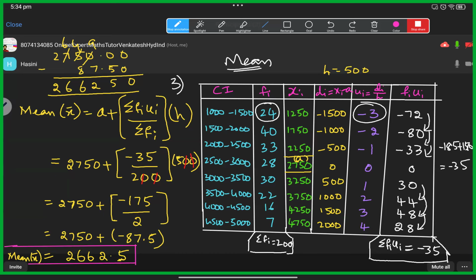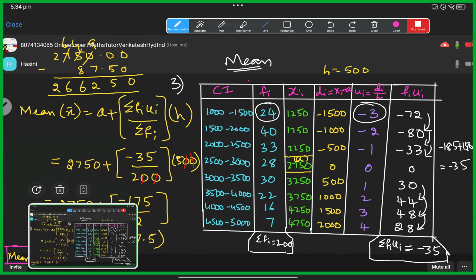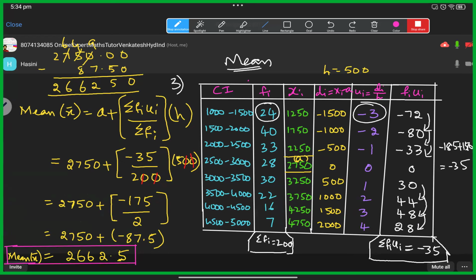Unless they round it to the second or third decimal, whatever we got is accurate. If we get exact 3 or 4 decimals, we can leave it without rounding also. They gave after rounding.